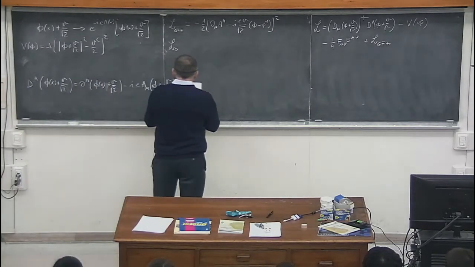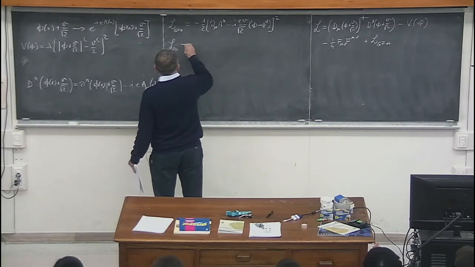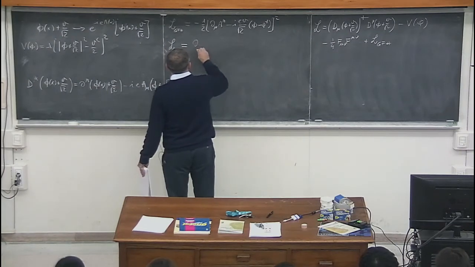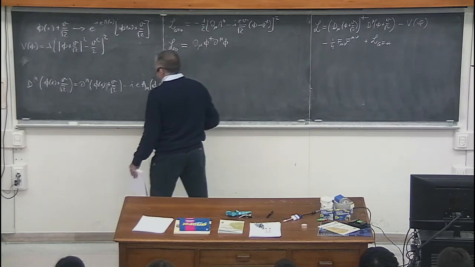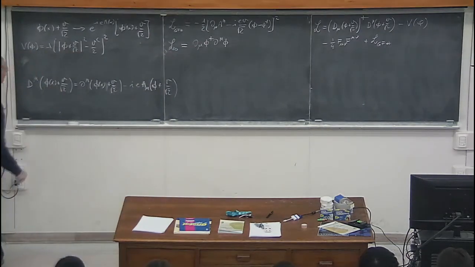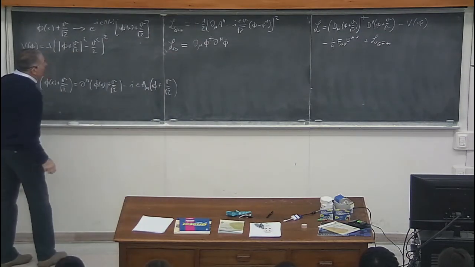This is just a matter of algebra. What do I get? I get a kinetic term for the complex scalar field. This comes from the ordinary derivative d mu phi.